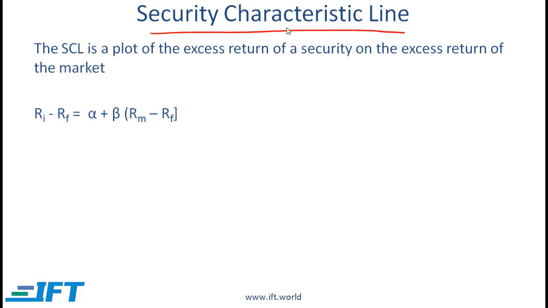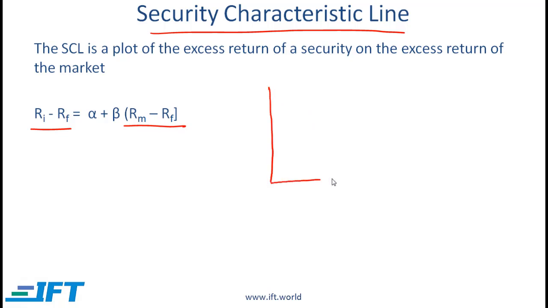Security characteristic line. The security characteristic line is a plot of the excess return of a security against the excess return of the market. The equation is given right here. This is the excess return of the security. This is the excess return of the market.